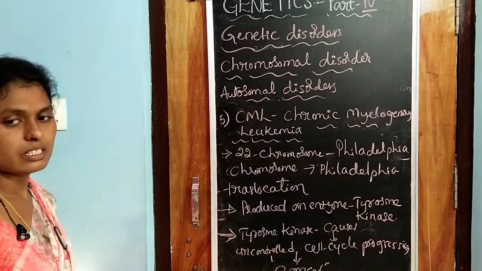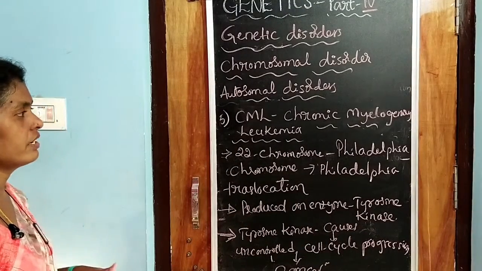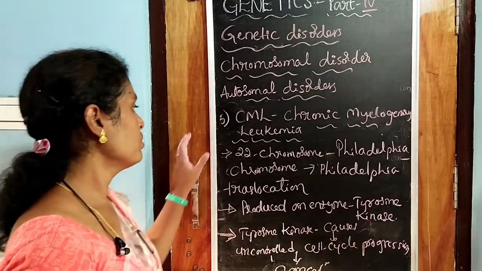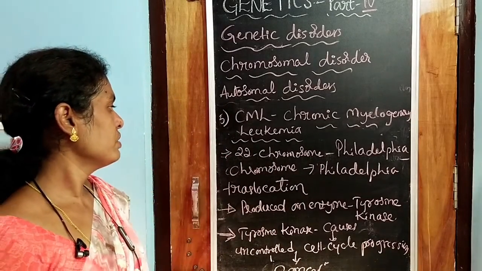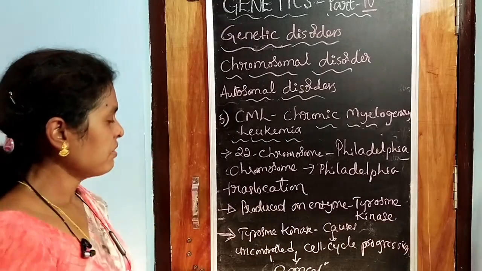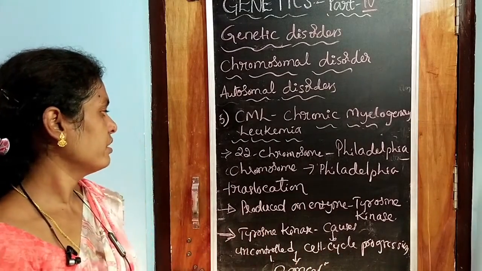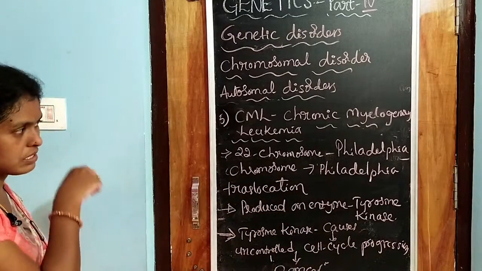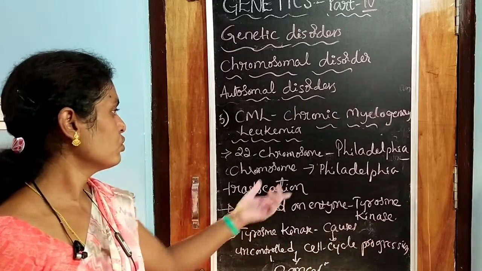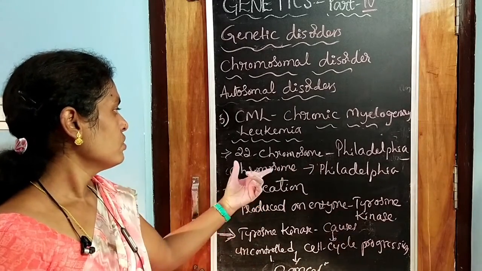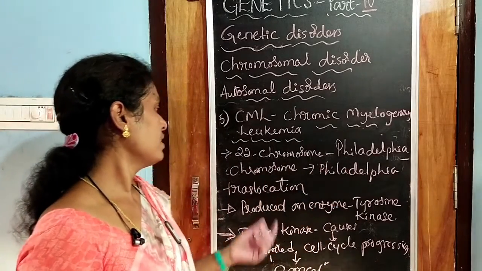So CML is chronic myelogenous leukemia, also called chronic granulocytic leukemia. Chromosomes 9 and 22 break off and exchange places by translocation. The short chromosome 22 is called the Philadelphia chromosome, formed by translocation, hence the Philadelphia translocation.